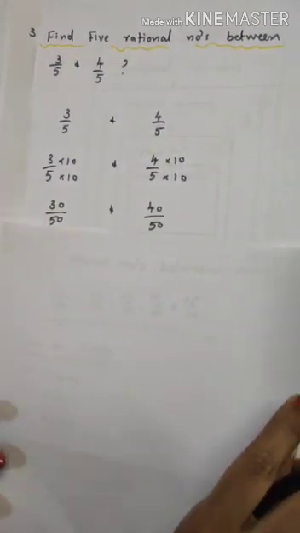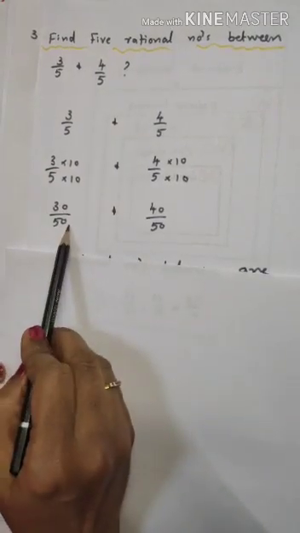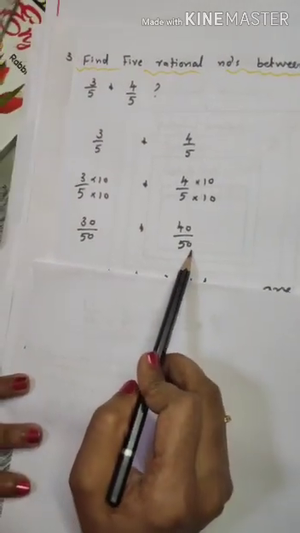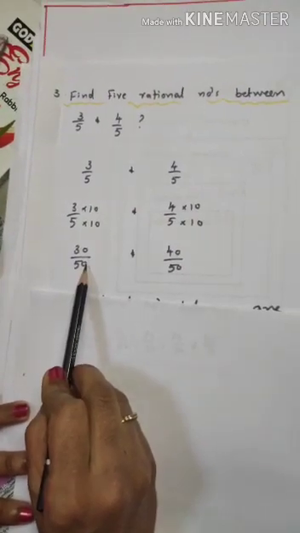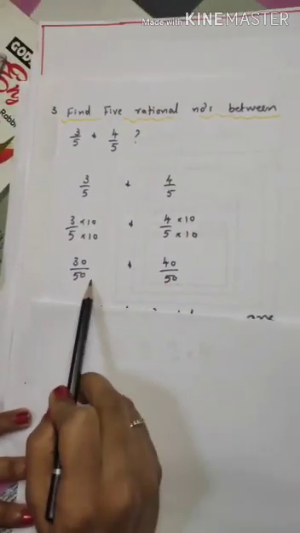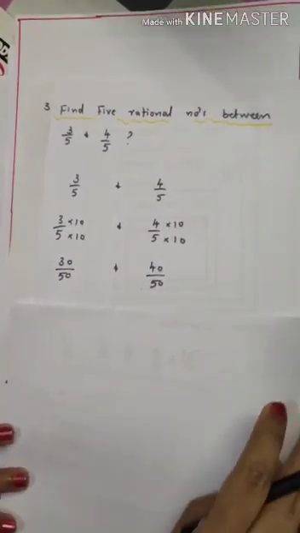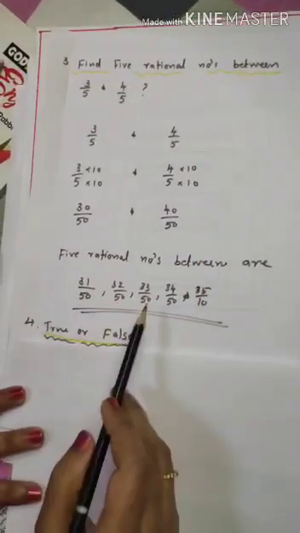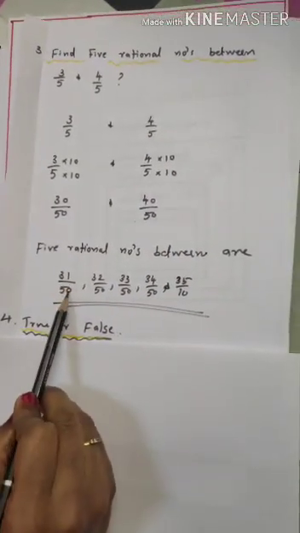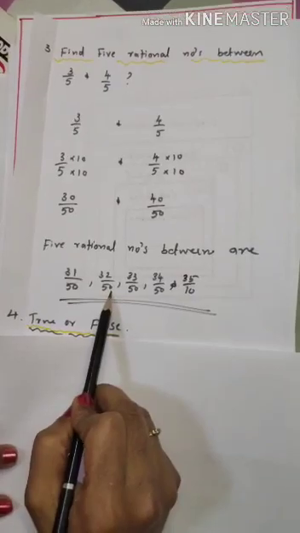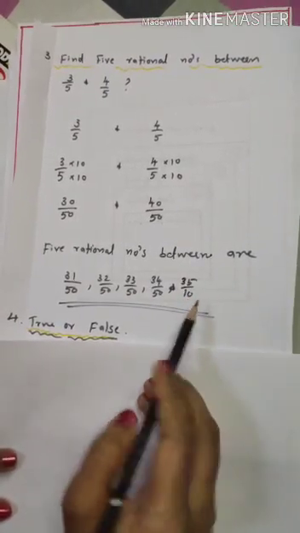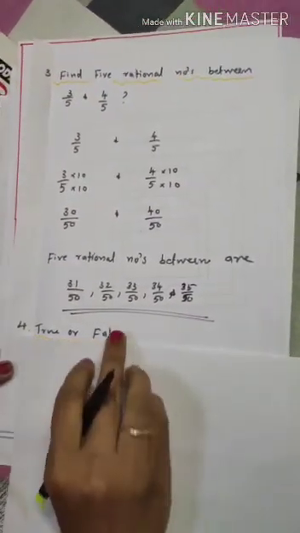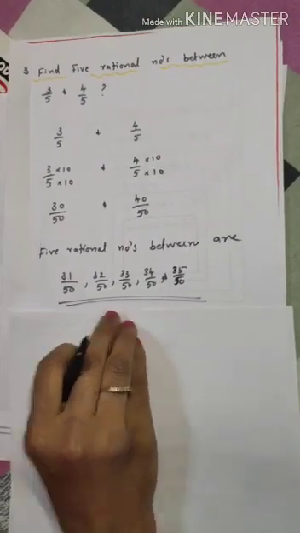So the result comes like this: 30 by 50 and 40 by 50. So I am picking 5 rational numbers between these two rational numbers. So 5 rational numbers I took as 31 by 50, 32 by 50, etc. 35 by 50. So this is the answer for the third question.